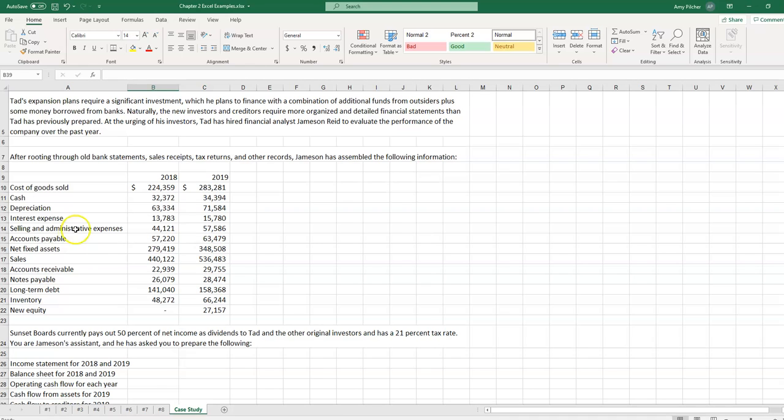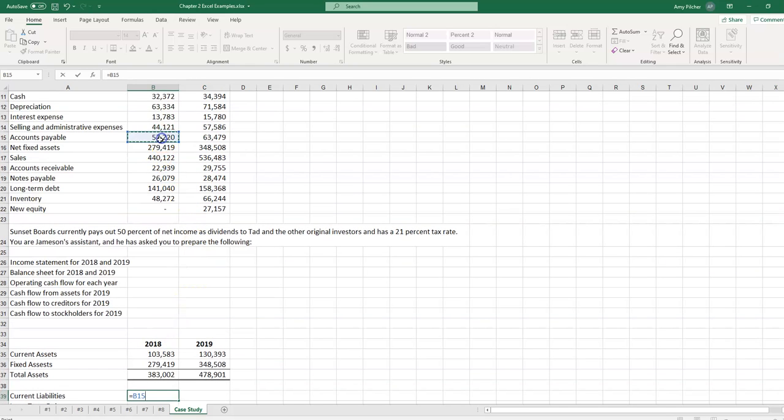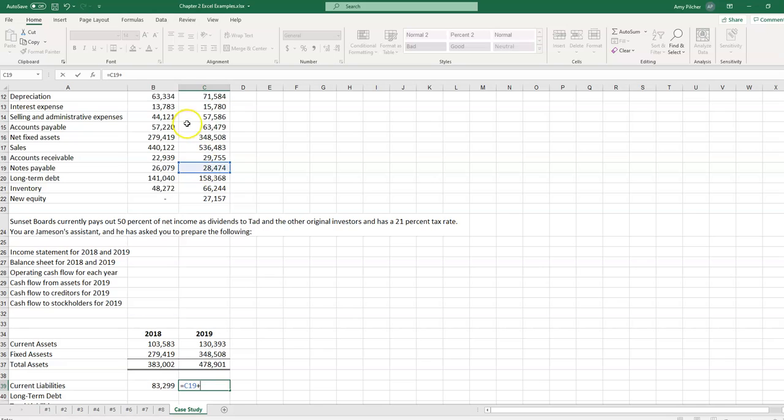We can look and see if we have any other liabilities. Anything with the name payable is generally a current liability. So here we have notes payable. So our current liabilities are accounts payable plus notes payable for each year.